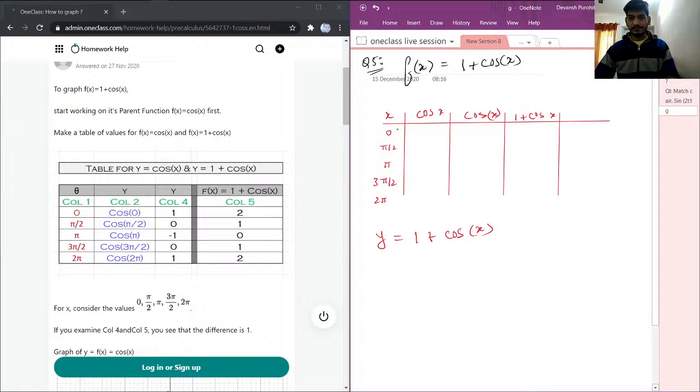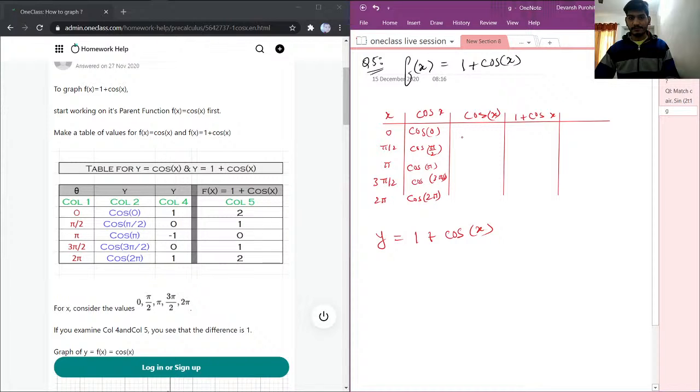So this will be cos 0, cos pi over 2, cos pi, cos 3 pi over 2, and cos 2 pi.